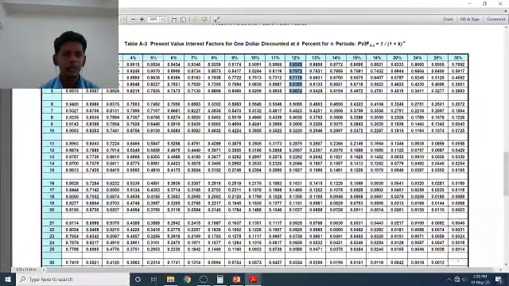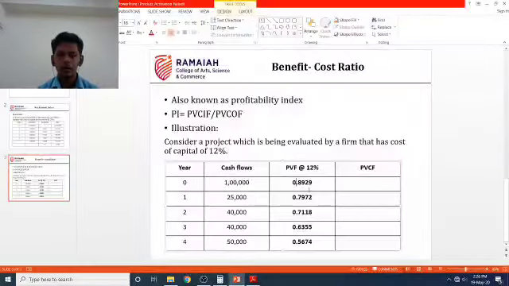Your annuity tables will not start at year 0, they will always start at year 1, right?